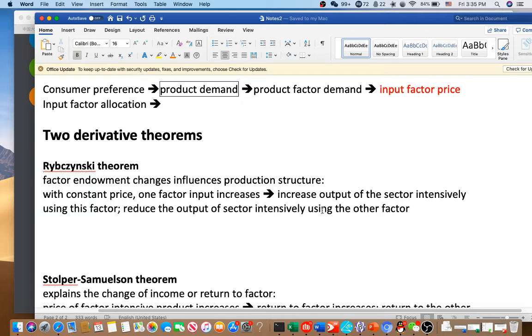So before the labor endowments increase, the production point is at point A, with coordinates x1 and y1. After the labor increment, the production point shifts to A prime with the coordinates of x2 and y2.